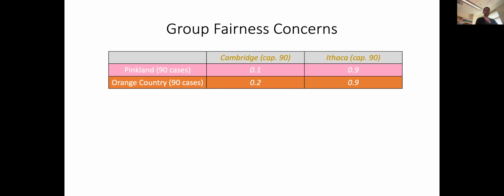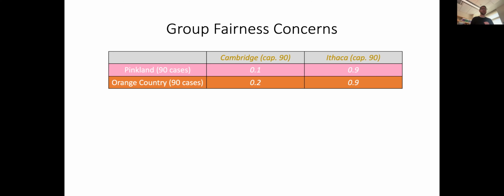And there are 2 locations that we could assign these refugees to, all of whom are perfectly homogeneous within each country: Cambridge and Ithaca. Now, all the cases from pink land only have a probability of 0.1 of finding employment in Cambridge. And everybody, regardless of being from pink land or orange country, has a probability of 0.9 of finding employment in Ithaca.